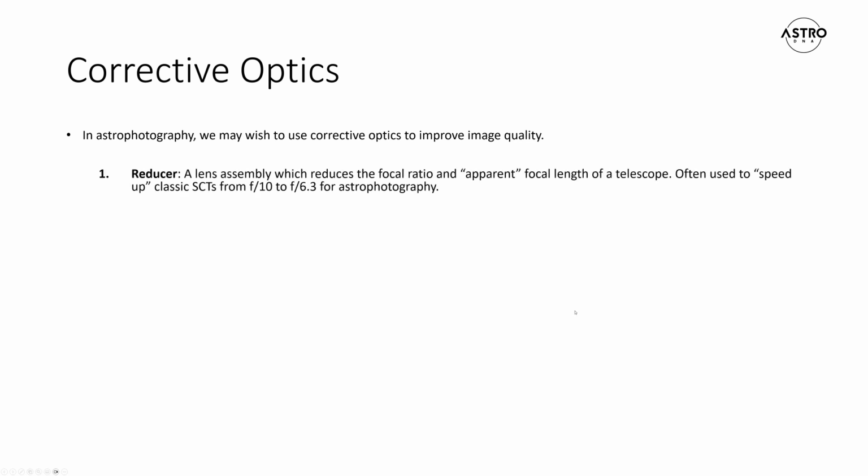A couple examples: one might be something as simple as a reducer, which is a lens assembly that in essence reduces the focal ratio of your telescope and the apparent focal length of the telescope. And we do this to speed up our telescopes.